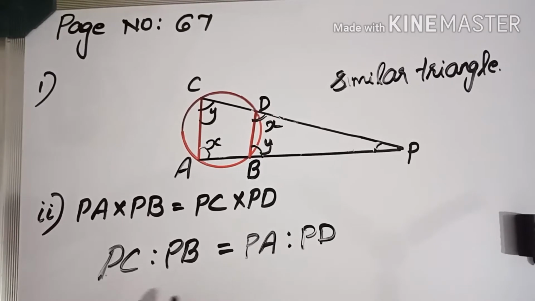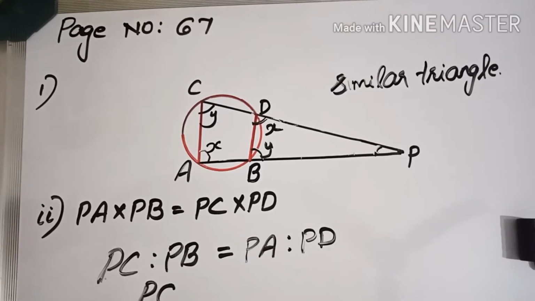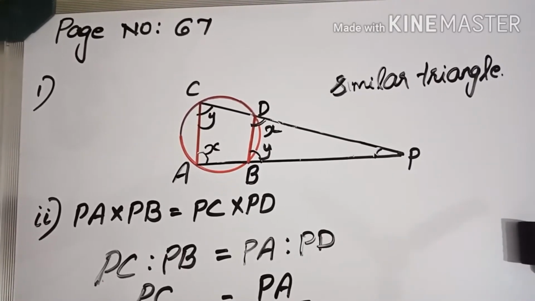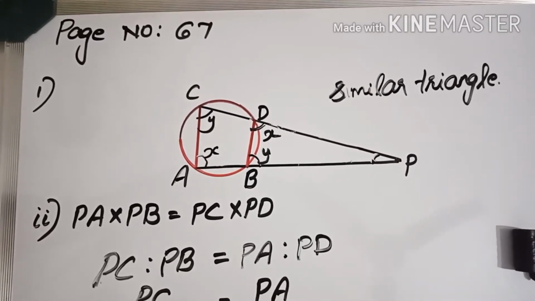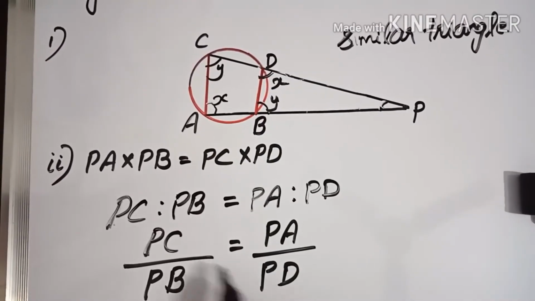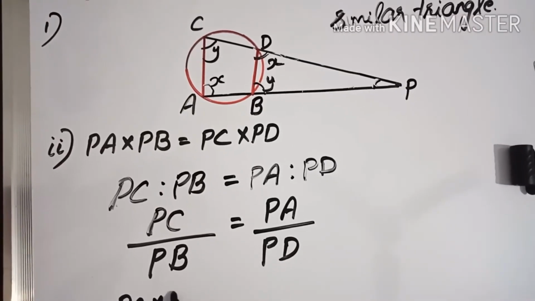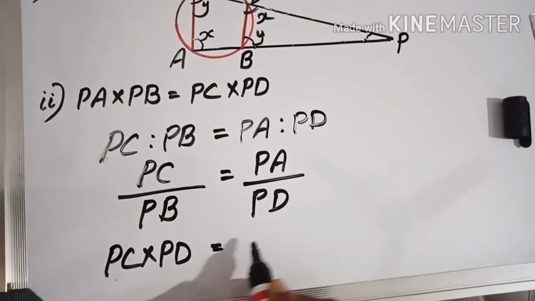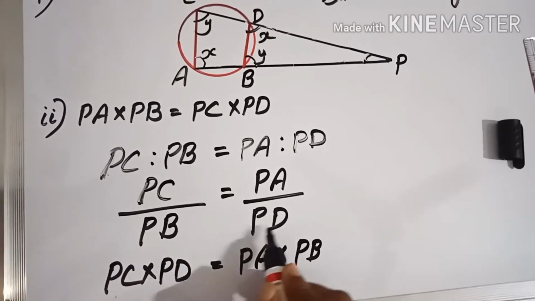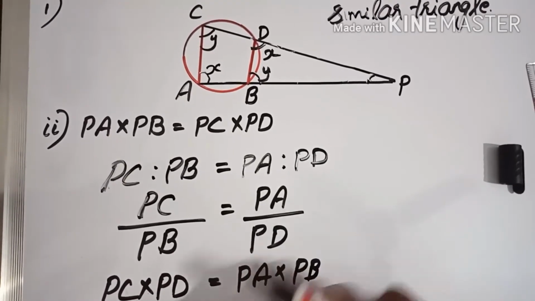Now we can write this ratio in fraction form, PC by PB equal to PA by PD. Now by cross multiplication, take this PD to this side and PB to this side. So PC into PD equal to PA into PB. PD and PB are in the denominator, so when they come to the next side, they will be in the numerator.